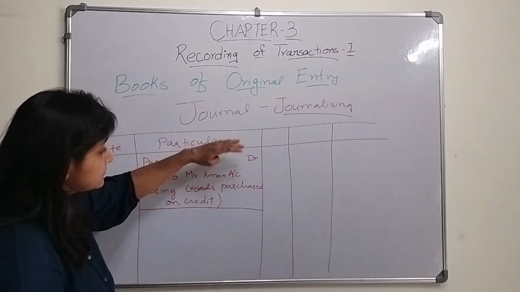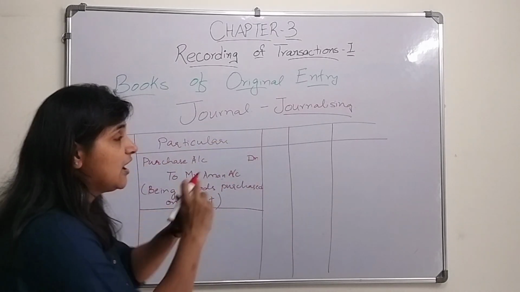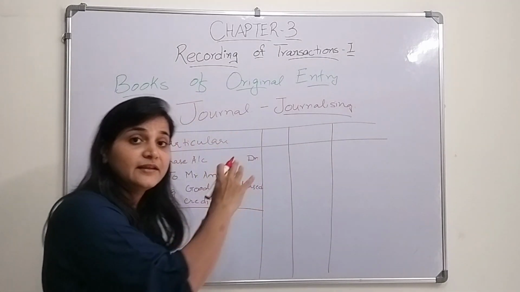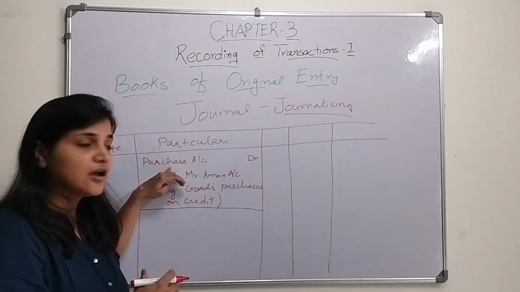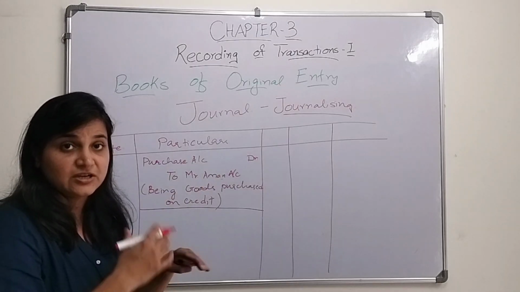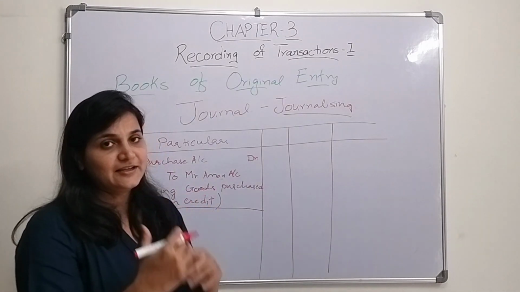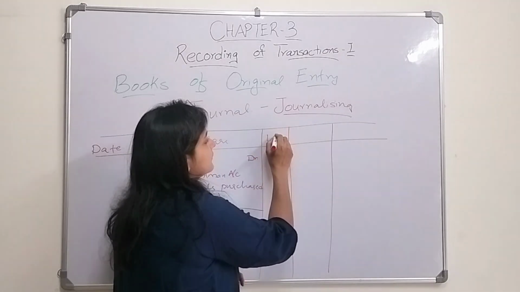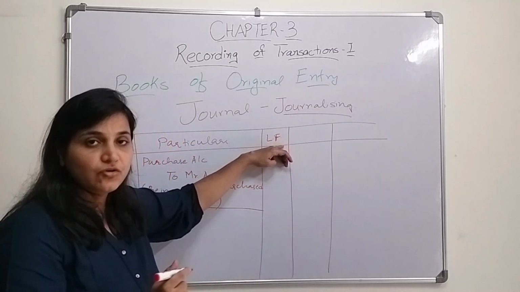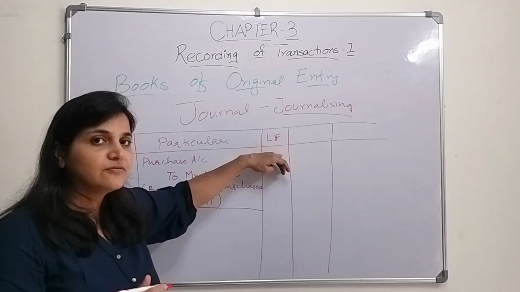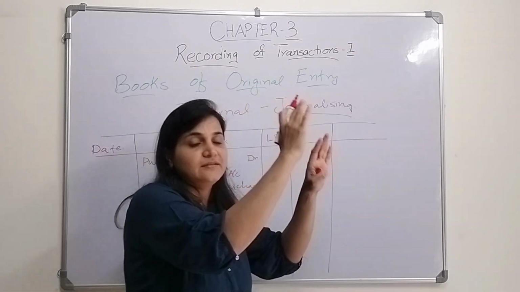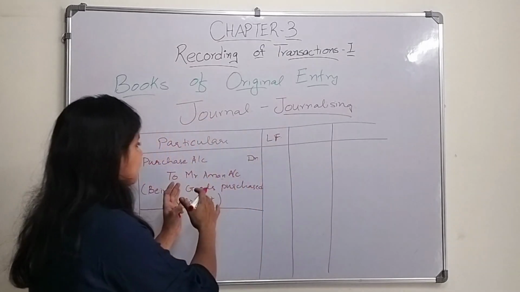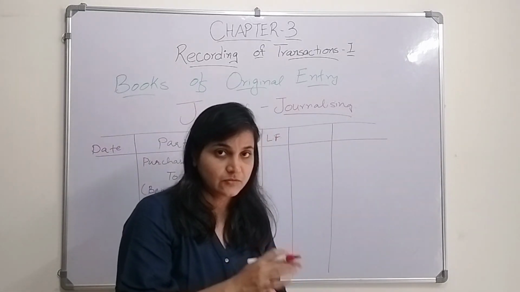Now this transaction, after journalizing, we will record in their personal account, in that particular account. What is it called? It is called the ledger. Here we will write the ledger folio. What is this? It is the number of the page on which that particular account is. We write that number when we post these entries in the ledger, not before that.